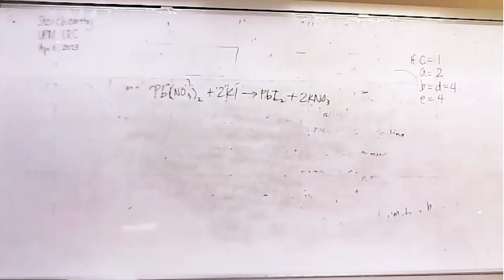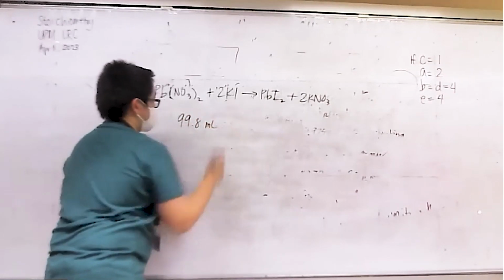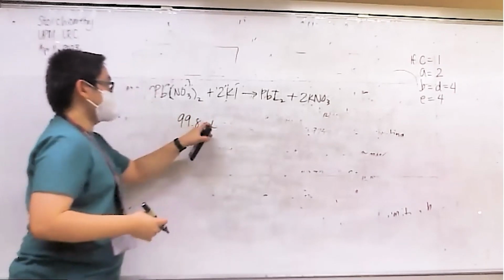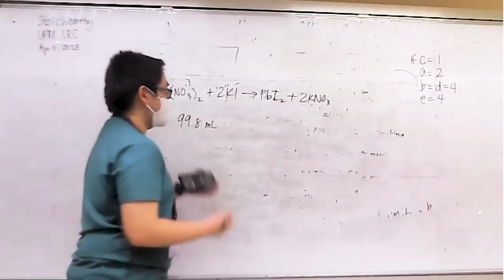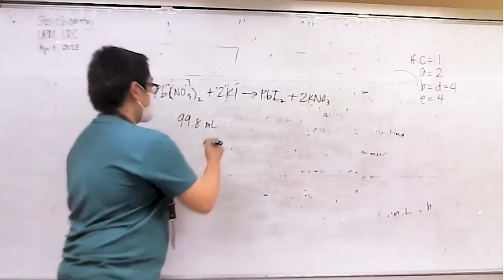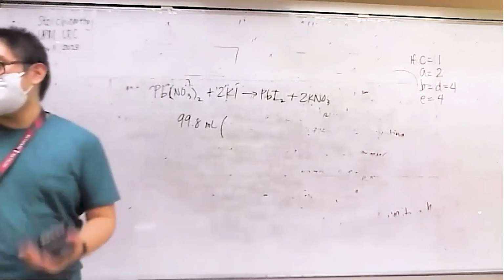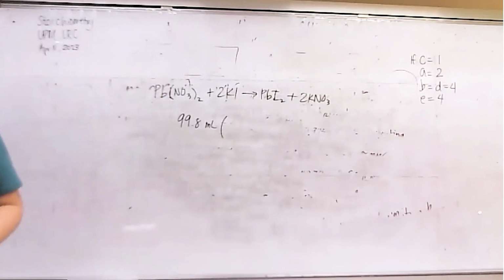So technically, from the problem, it says the sample is 12% KI. So you need to multiply the percent by mass. You're given 99.8 ml of the sample. Since it's volumetric, you have volume and density, and it says by mass. So by logic, we want grams instead of ml. We need to convert the 99.8 ml of the sample to grams of the sample.